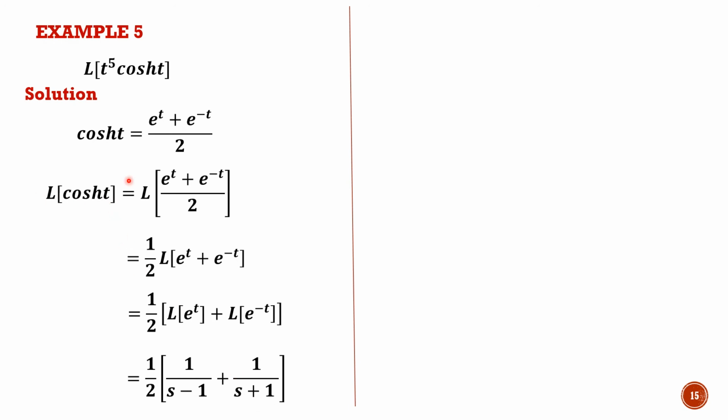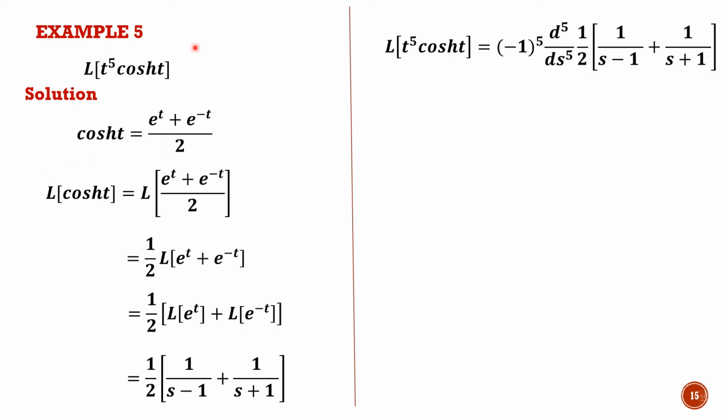Now we have to calculate L of t raised to 5. So this answer has to be differentiated 5 times, so minus 1 raised to 5. Now I have not used the formula for cos hyperbolic t as s upon s square minus 1. We can apply that. Why have I not applied it?